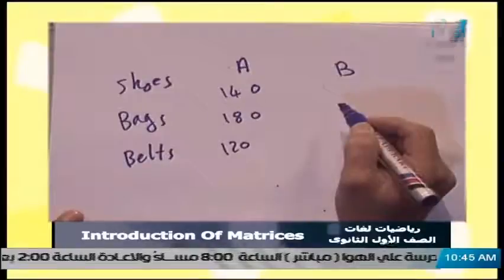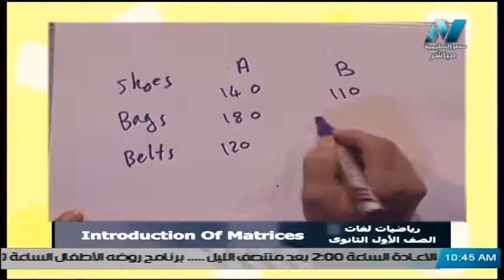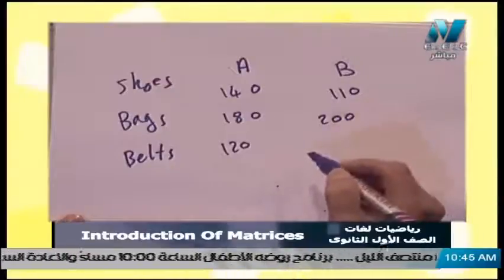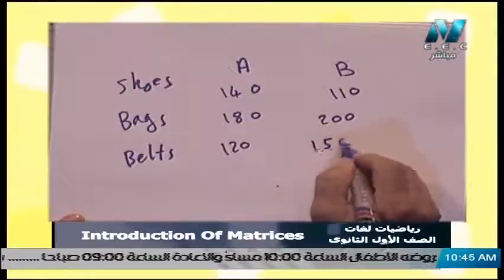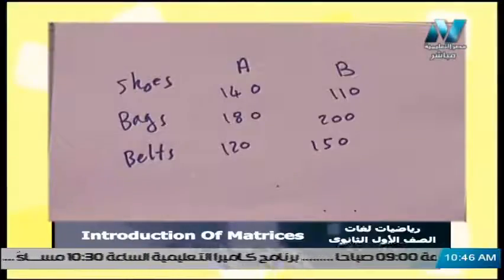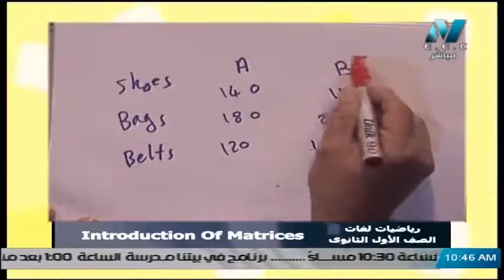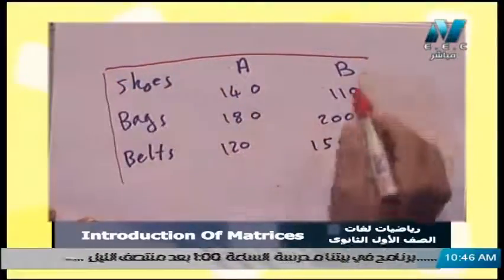Branch B produces 110 shoes, 200 bags and 150 belts. So it's another way to express this data. We can consider them as a table here.